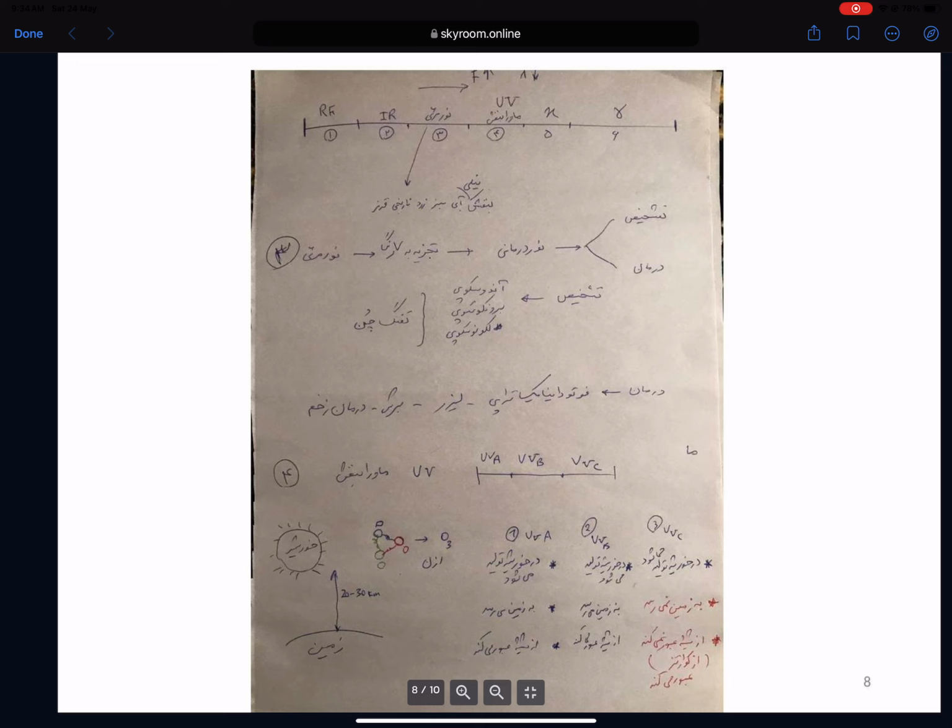Don't try to look at the UVC lamp, or touch the UVC lamp, because as I told you at the beginning of these slides, UVC has a higher frequency, and it can penetrate inside the cell, damage DNA and cause cancer. I mean that if you are exposed to the UVC lamp, probably more than 99%, skin cancer will be created. Okay, so it's very dangerous.